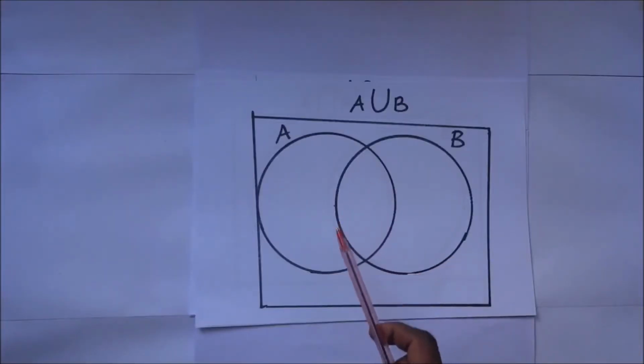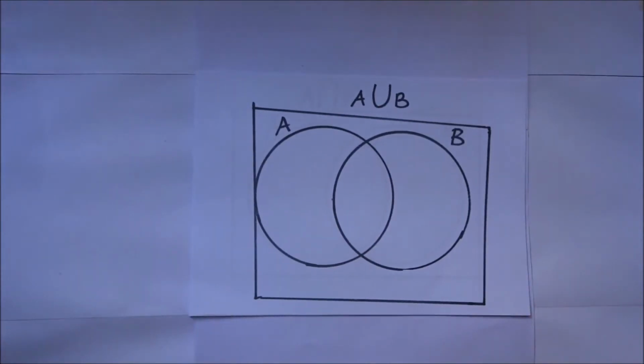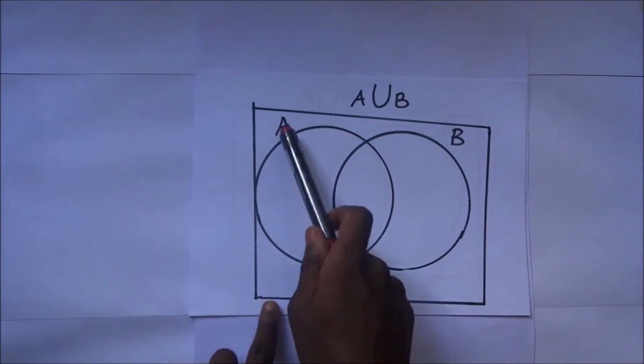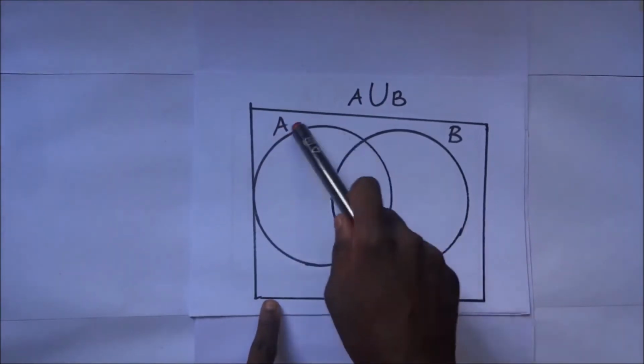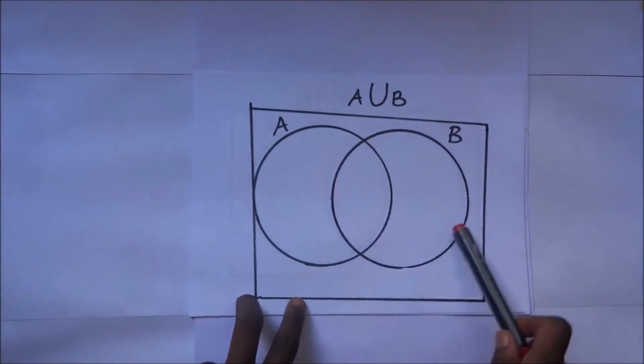Then we have A union B. Union simply means the unity of the elements in both A and B. So this is the whole of set A, and this is the whole of set B right here.